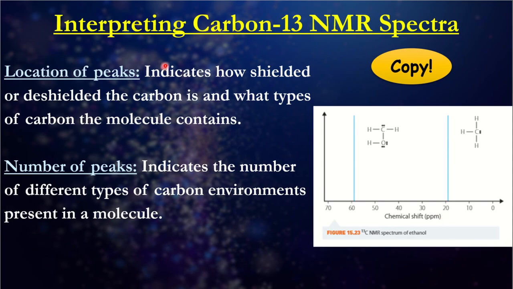Okay, so when it comes to interpreting carbon-13 spectra, the location will indicate whether or not there's been shielding or deshielding, and it also tells us the type of carbon molecule that's being contained. Obviously, different types of carbon bonds will have different types of chemical shifts. Okay, so maybe I'll just put that as an extra.